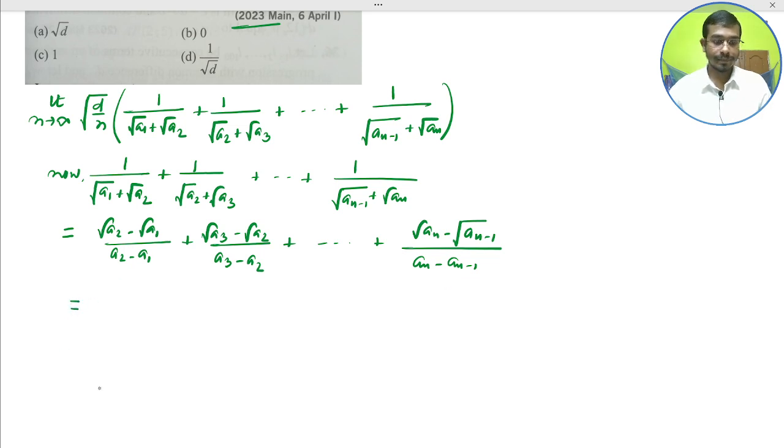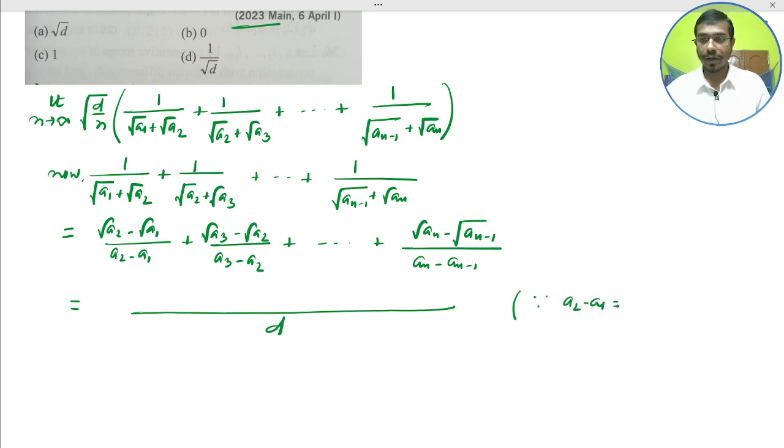So this would become 1 by d, because a2 minus a1 is equal to a3 minus a2 is equal to dot dot an minus an minus 1. This is the d, the common difference.